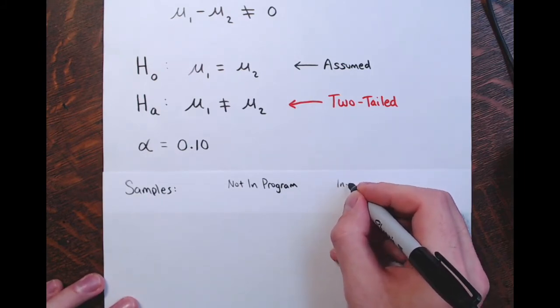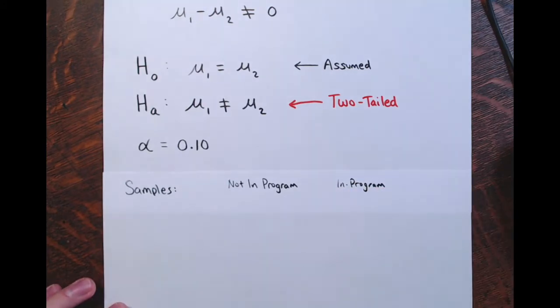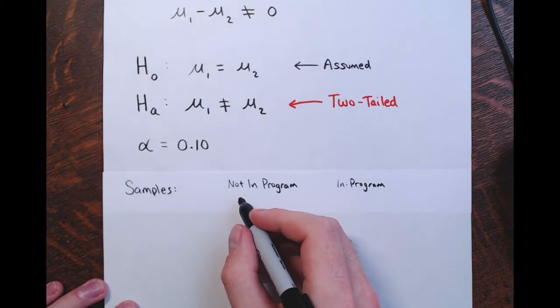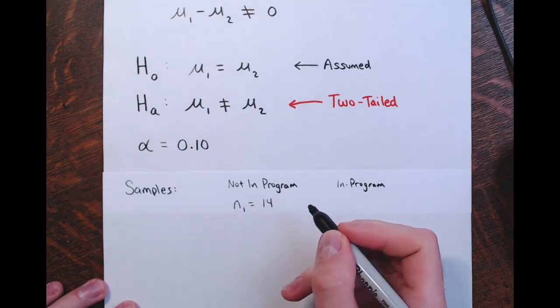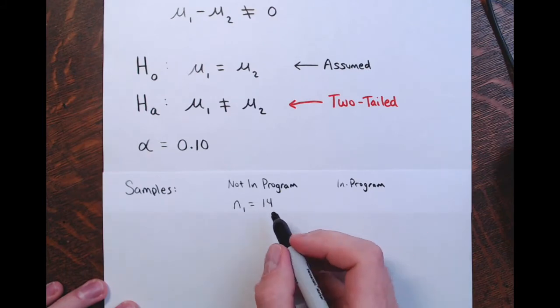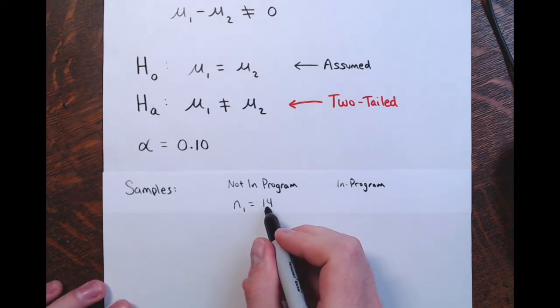And then in program, right, the people that are using the app. And the sample size for the people not in the program, there are 14 of those, 14 stores, not people, but stores. There were 14 stores that didn't have people using the app.